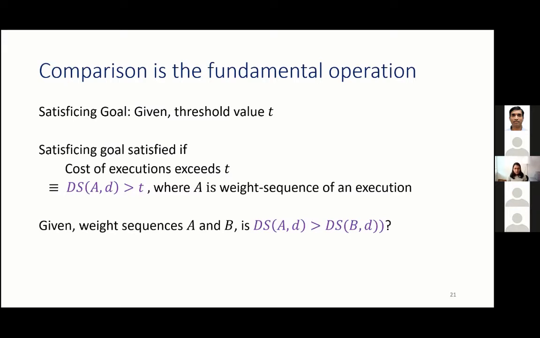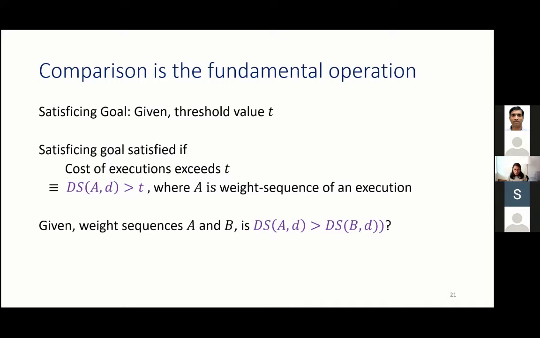And more generally, one could ask that, given any two weight sequences, is the cost of one weight sequence greater than the cost of another weight sequence? And all of quantitative reasoning, if you really trickle it down to what the fundamental operation is, it will be one of these two, either comparison to a fixed value or comparison to another sequence.